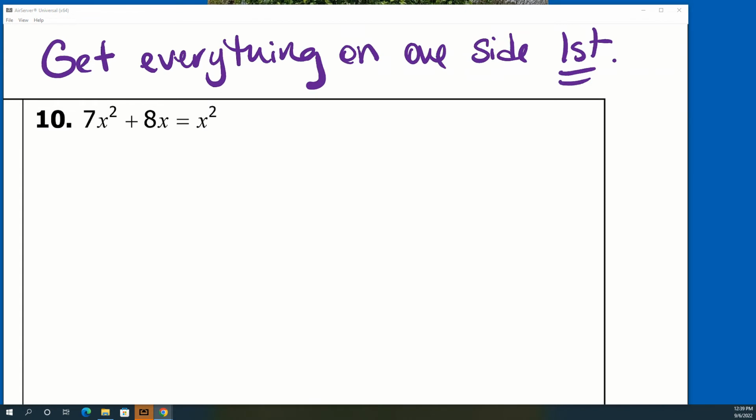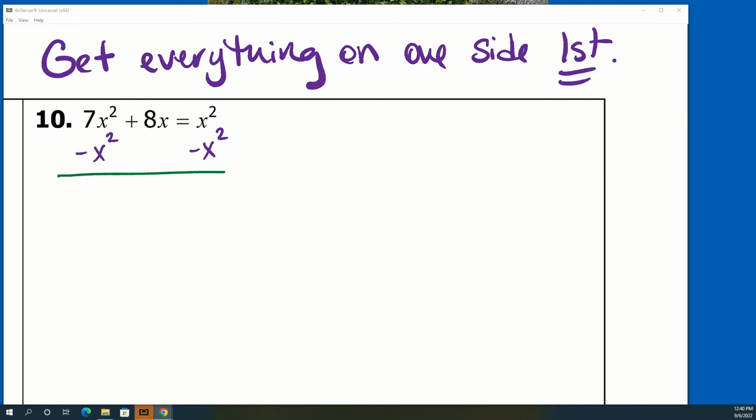All right. So when we're moving terms across the equal sign, you basically just move it to the other side with the opposite sign. So we have a positive x squared. So we're going to basically subtract it from itself and then subtract it from its like term, so subtract it from the other x squared.